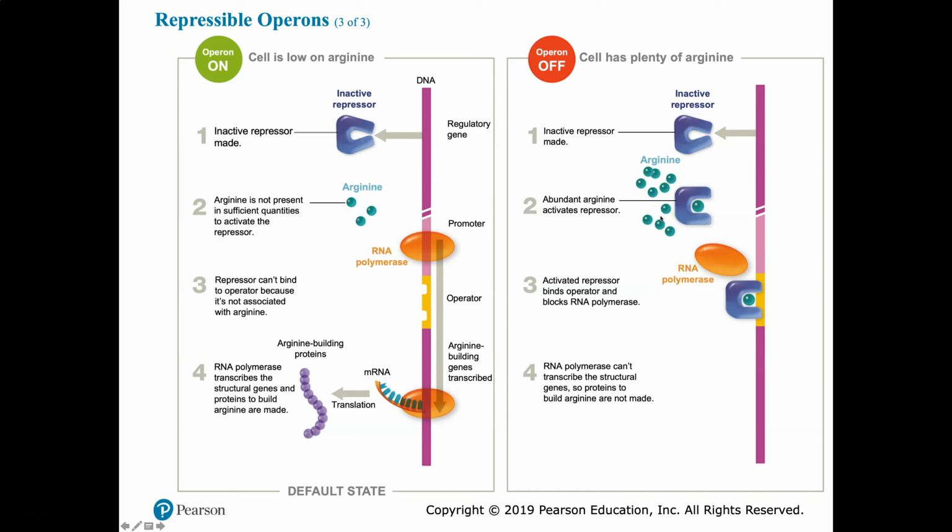When they get low again, this repressor that's stopping the polymerase will pop off, it will let go, and it will allow for transcription and translation of arginine. So it's not that it's off forever, or on forever. This can happen: we can turn it on and off, on and off, depending upon, in this case, arginine concentration.